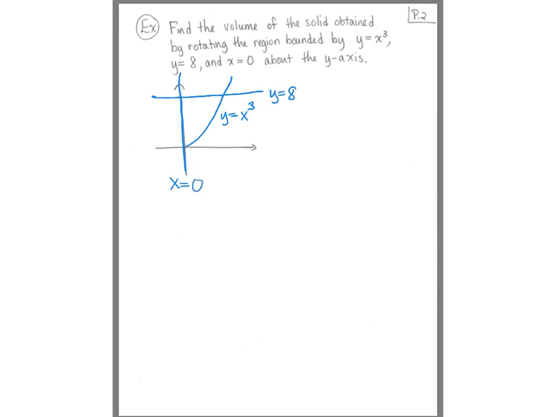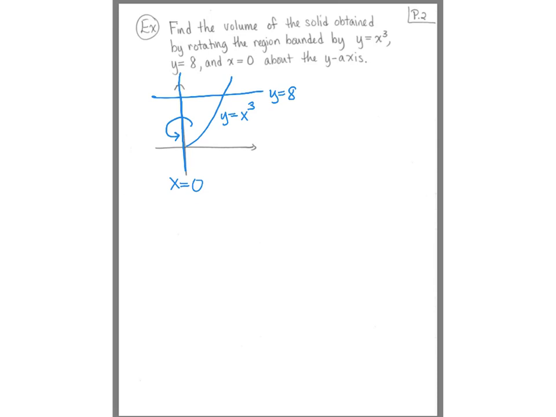We're going to take this region and revolve it around the y-axis.